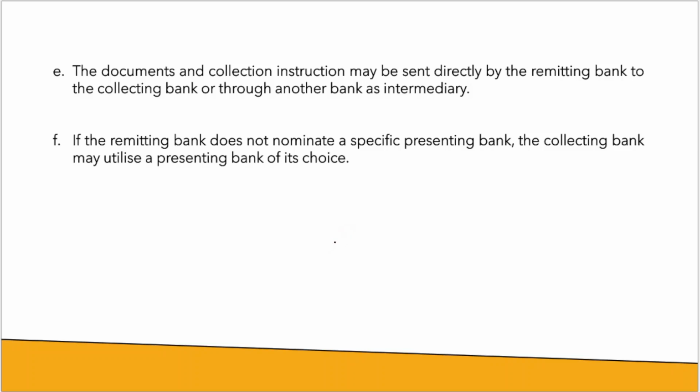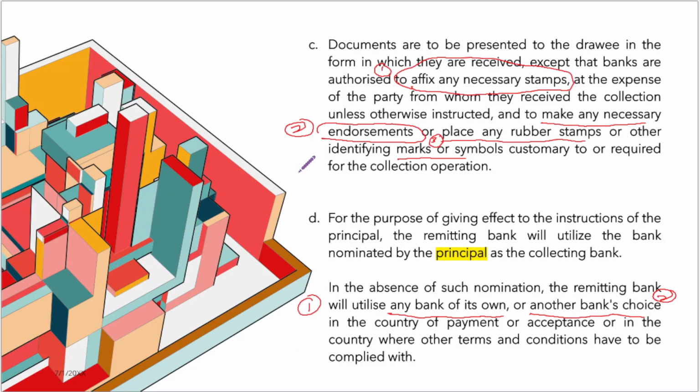So you can have a direct communication where the documents and the collection instruction are sent directly between the remitting and the collecting bank, or you can have an intermediary bank as well, that is allowed. F, if the remitting bank does not nominate a specific presenting bank, the collecting bank may utilize a presenting bank of its choice.